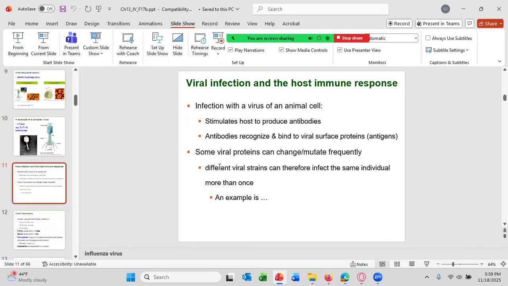Let's talk a little bit about viral infection and the host immune response. Infection with a virus to an animal will stimulate the host animal to produce antibodies. The antibodies recognize and bind to the viral surface proteins, meaning the antibodies, as well as the host itself, will recognize the viral surface proteins that we call antigens.